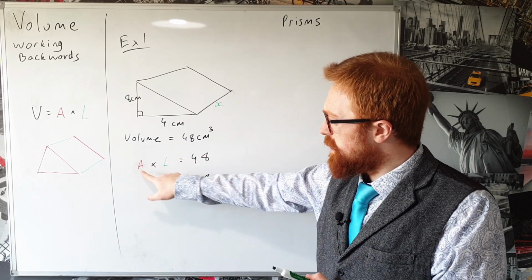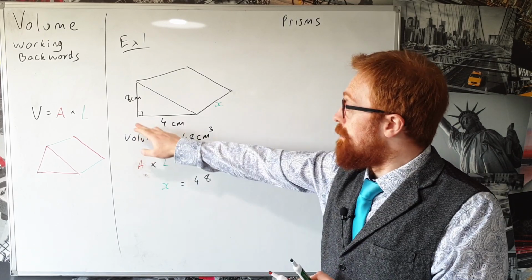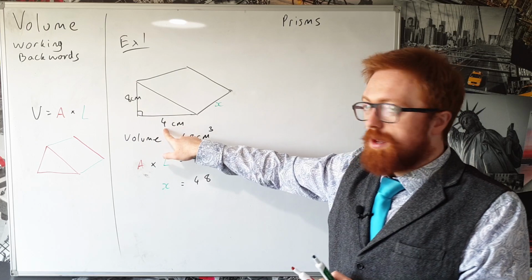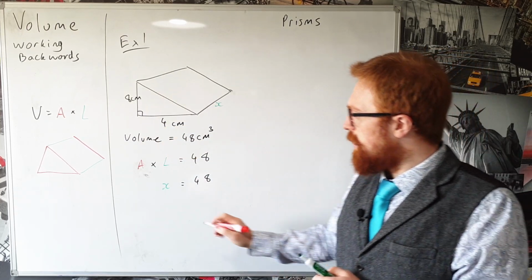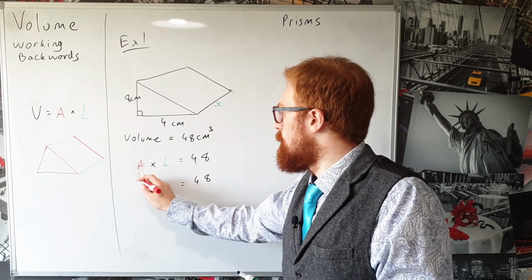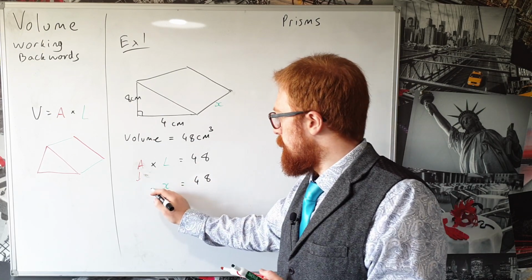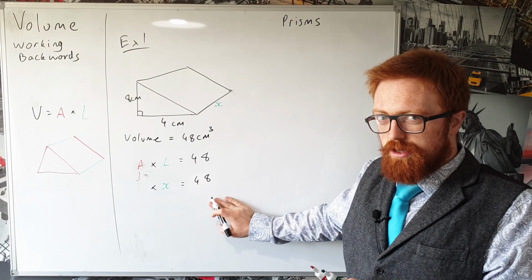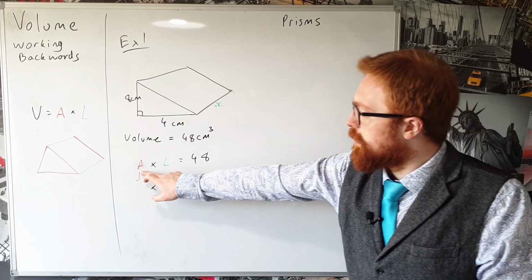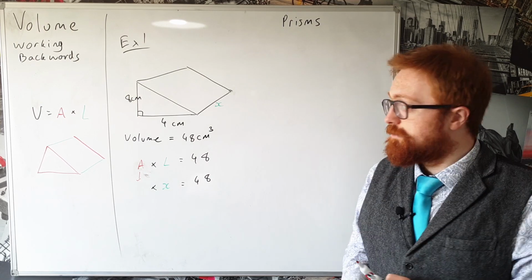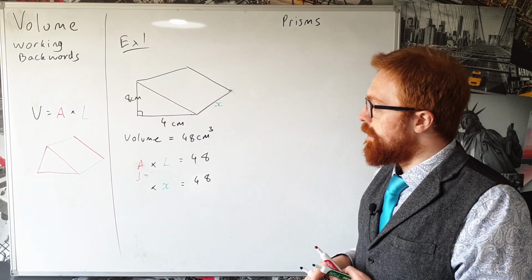But to use this, we need to work out the area. Now, fortunately, we're given all the information we need to work out the area of this triangle. So once we've worked out this area, that gives me a quite nice equation that we can solve to work out x. So let's have a look then at finding this cross-sectional area.